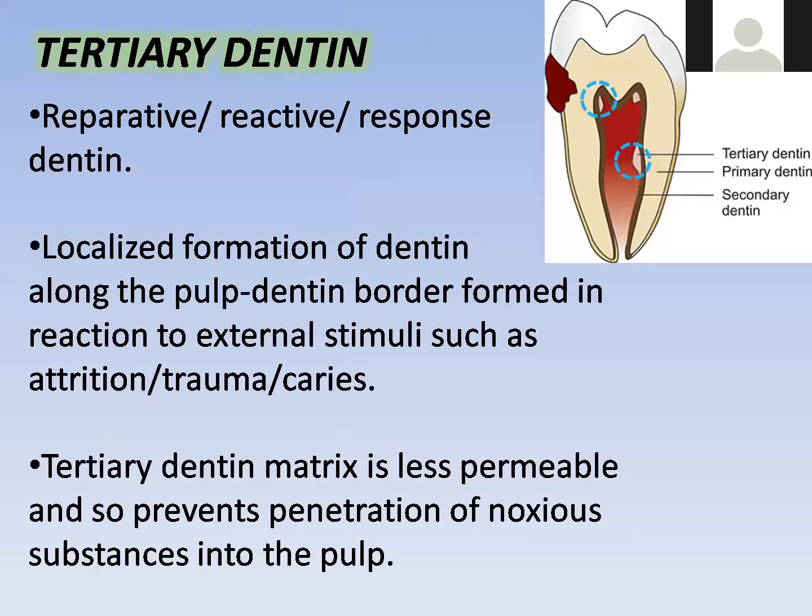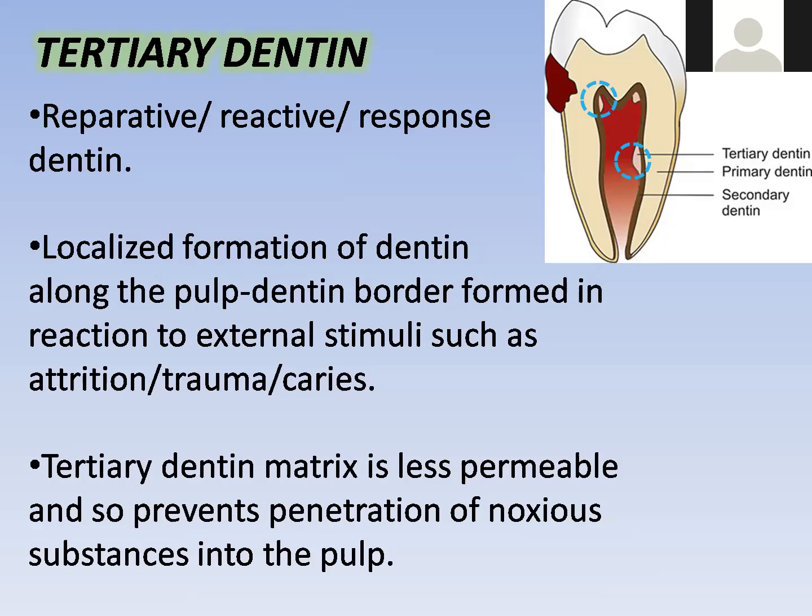Tertiary dentin. Tertiary dentin is also called as reparative or reactive or response dentin. They are nothing but localized formation of dentin along the pulp dentin border in reaction to external stimuli like caries, trauma, or attrition. Tertiary dentin is less permeable.